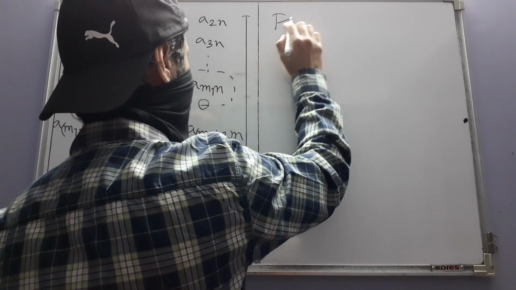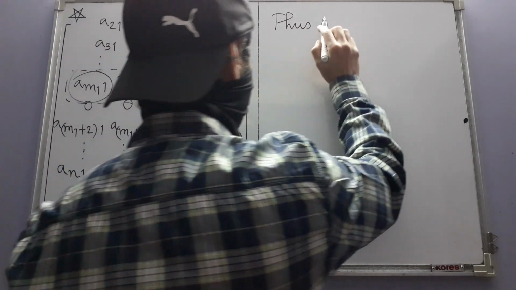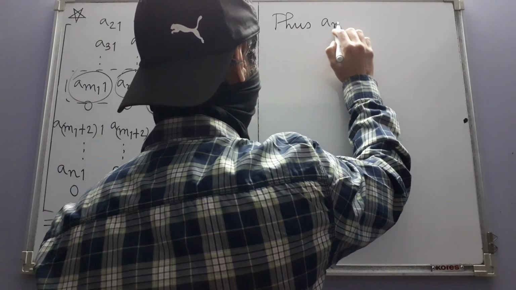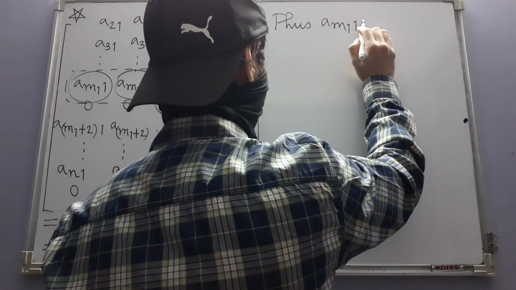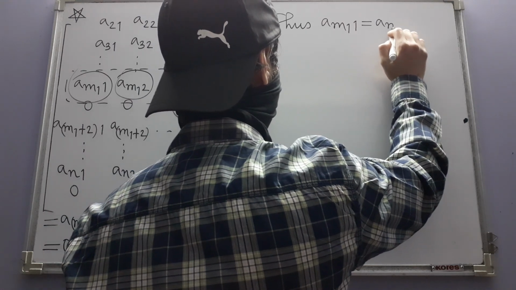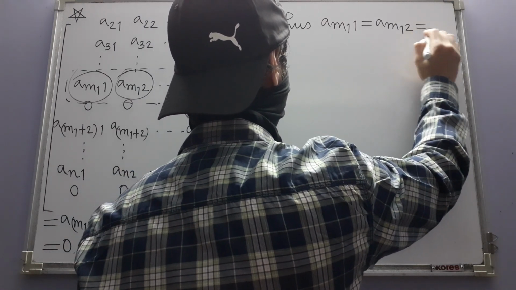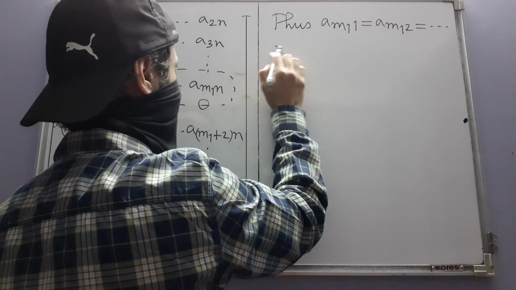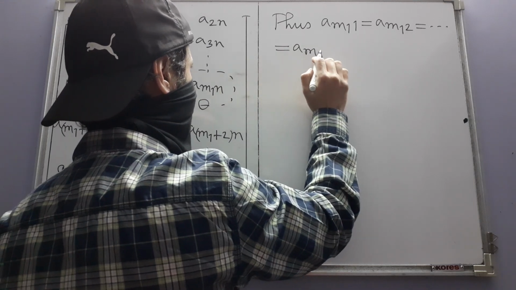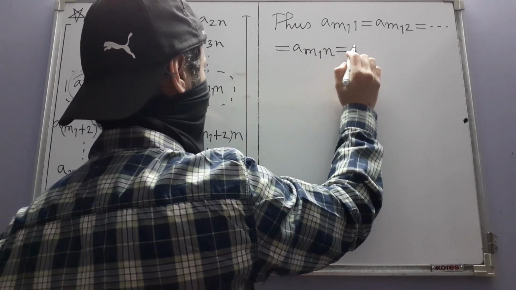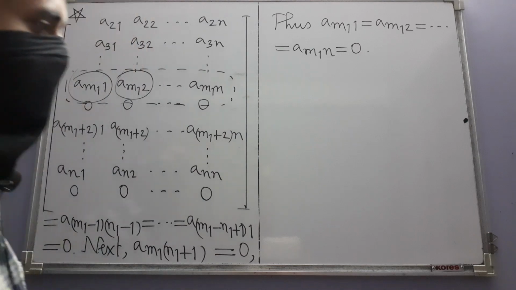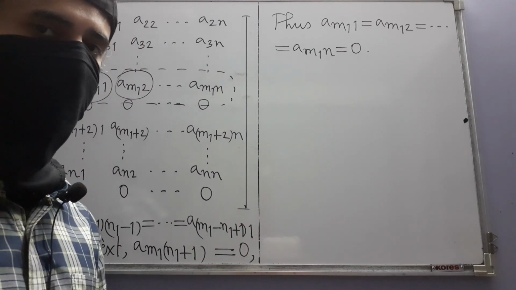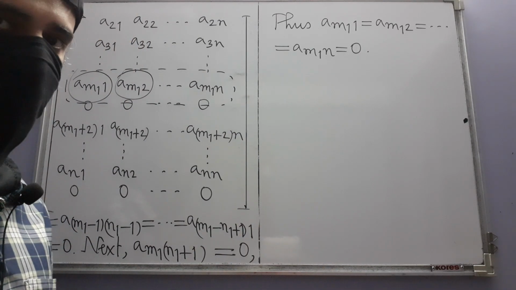Thus, we can write this itself, am11, am12, and so on, am1n are all equal to 0. But if a matrix has a row which is entirely 0, can it be invertible? No, of course not.